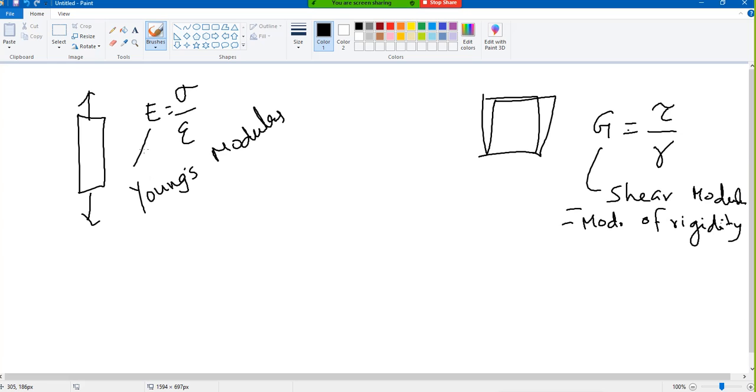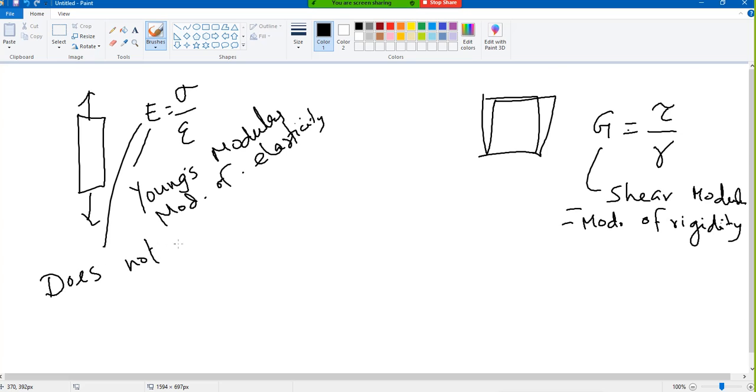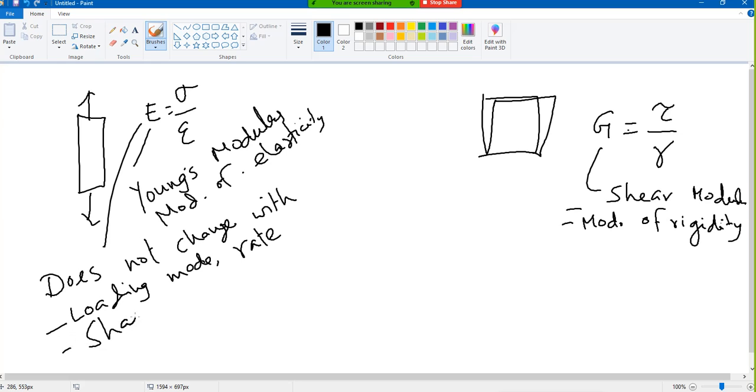What is this E? Young's modulus or modulus of elasticity. What is their connection? Is it the same thing? No. Also to say, this modulus does not change with loading mode or rate or shape of the sample, because this is a material property.